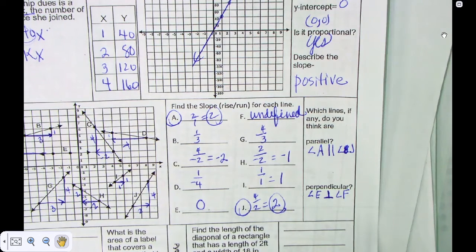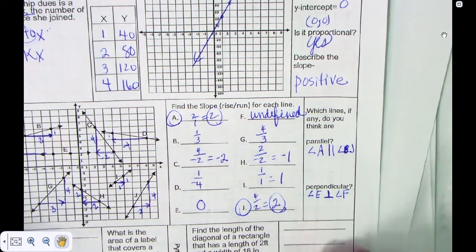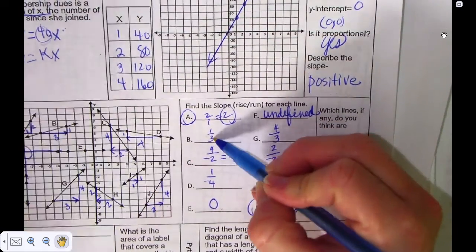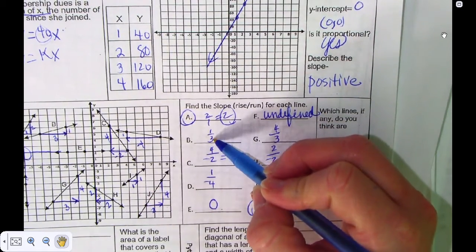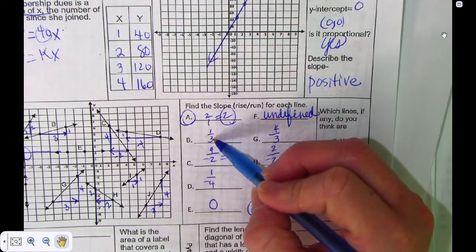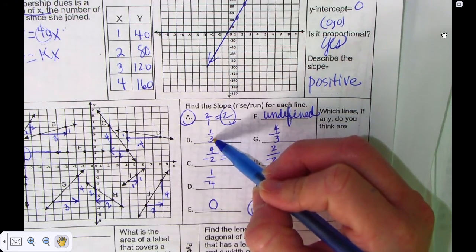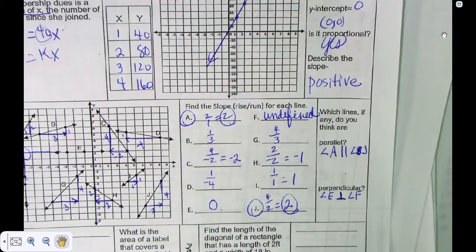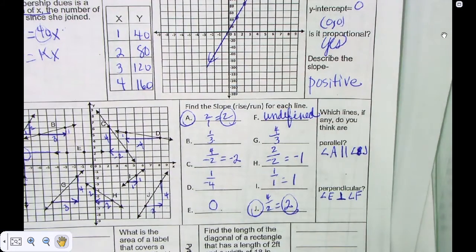Yes. I and H. Why do you think they're going to be perpendicular? Okay. Guys, on B, the reciprocal of 1/3 is 3/1. You just flip the numbers. But if it's perpendicular, it's going to be the reciprocal, but it's going to be the opposite sign.